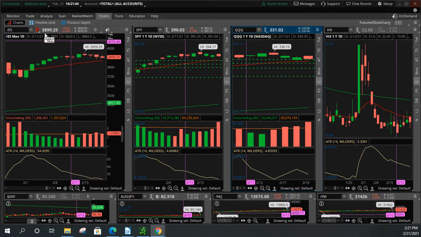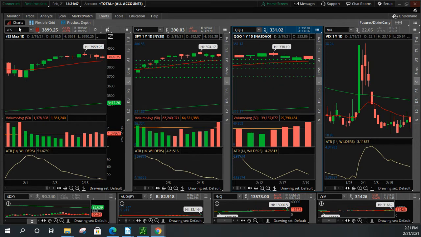So you've got the ES, your mini, your E-mini, however you hear traders refer to it, it's the ES futures. Your ES futures are the futures contracts that are traded, and it gives you a future look at the market sentiment of the S&P overall, right?